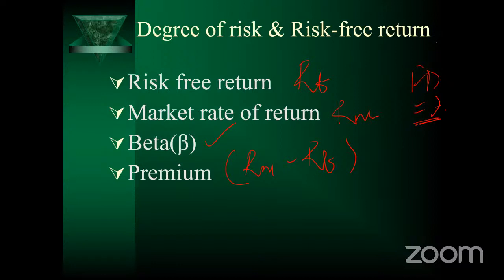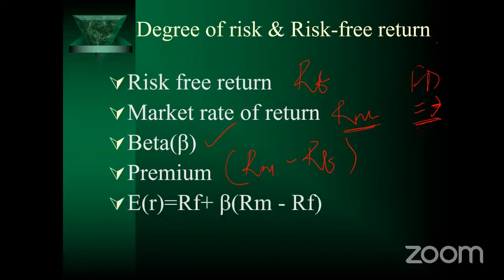Second one coming here is the market rate of return. Market rate of return is the rate of return which prevails in the market on various investment instruments or securities. Here I am saying that the fixed deposit rate of return is 7%, and the equity share of a particular company, let's say one blue chip company, is giving a return of 20%.